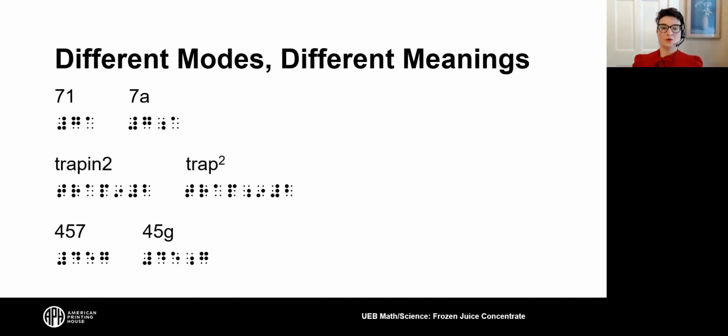So when we're in different modes, some of our Braille symbols can have different meanings. So if we had the number 71, we transcribe it numeric indicator, dots 1, 2, 4, 5, and dot 1. If we have those same Braille cells, but a grade 1 symbol indicator before the second one, that means 7A.